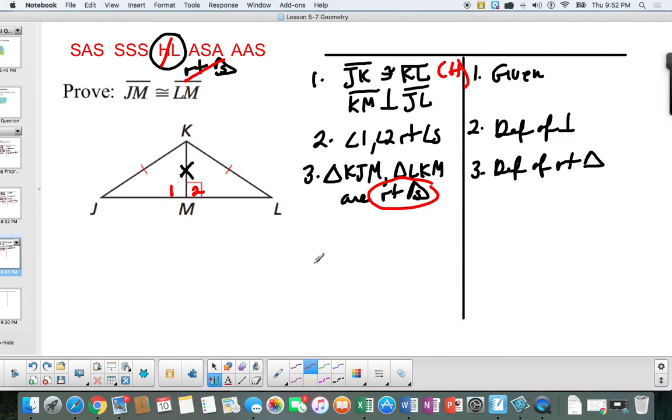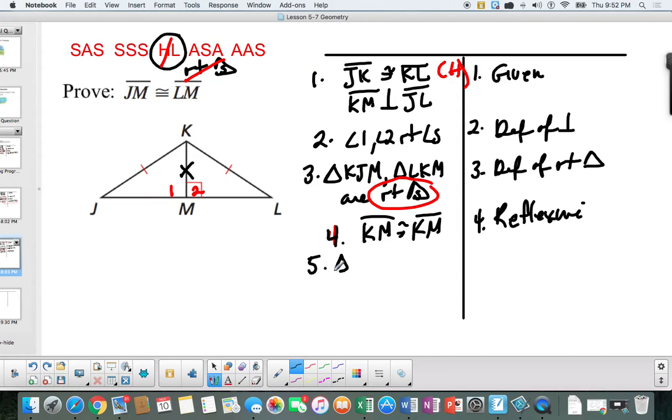And so the last step to get all of this in is my leg, and my leg comes from KM congruent to KM, and that's reflexive. So now step 5, I can say triangle KJM is congruent. Remember, the two M's have to go together.